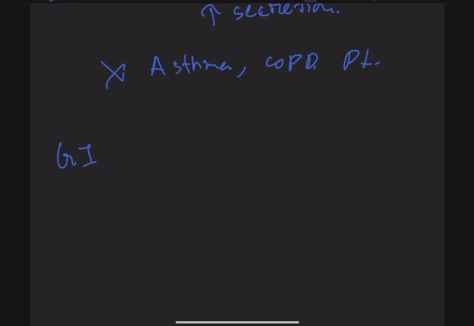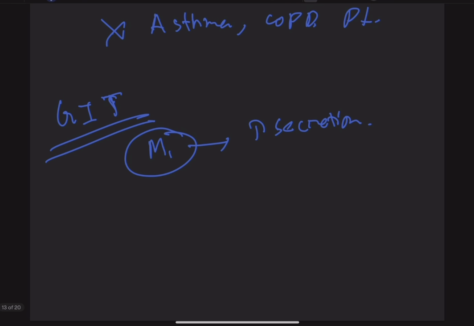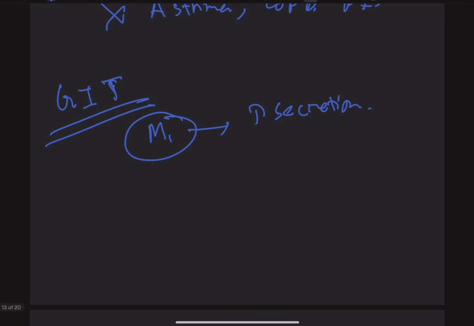Then in the GI tract, or gastrointestinal tract, we have the M1 receptor in the gastric glands, and that increases the secretions from the gastric glands, like it increases the acid secretion from the parietal cell.